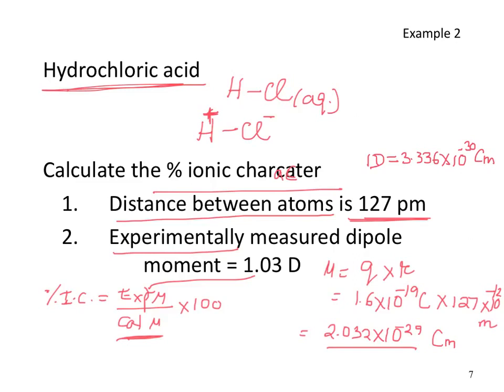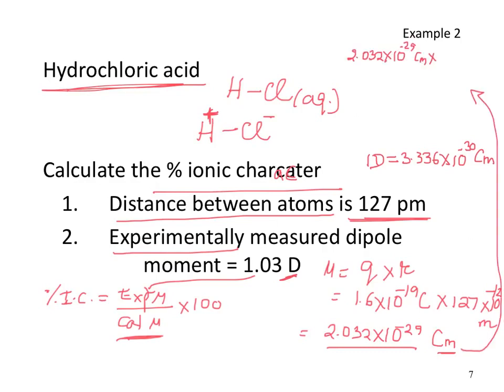So now I would want to convert the coulomb meters that I have just gotten into debye so that I'm comparing the experimental value in debye to the calculated value in debye, comparing apples to apples. So now I would need to divide the number that I have got by the value that we just wrote for the debye. Let's make room somewhere.